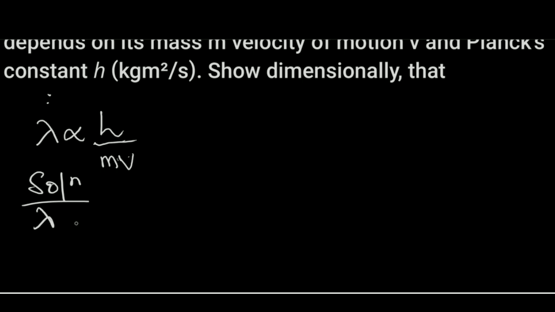So we'll use this symbol for direct proportionality, and what we are given is mass. Now we don't know if it has an exponent, so we raise it to the power a, v to the power b, and Planck's constant h to the power c.